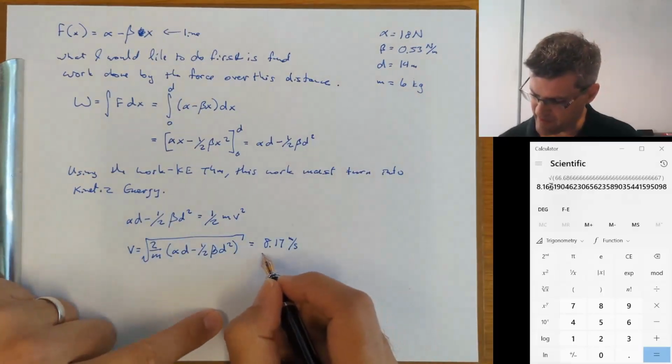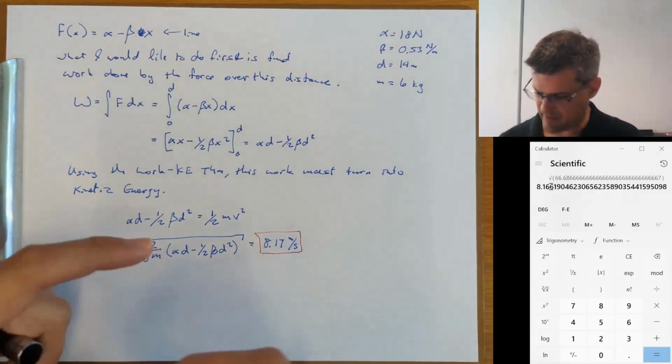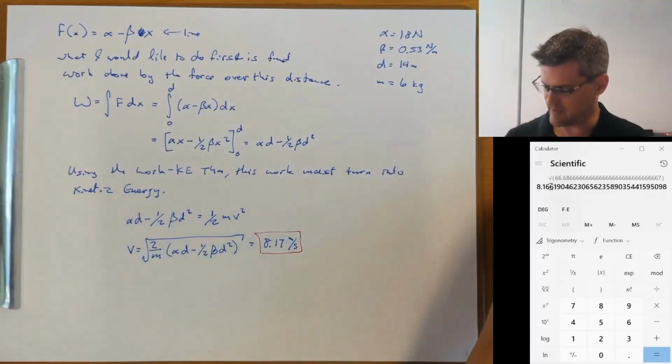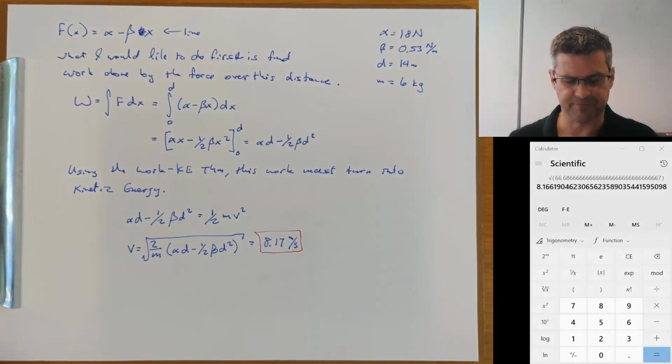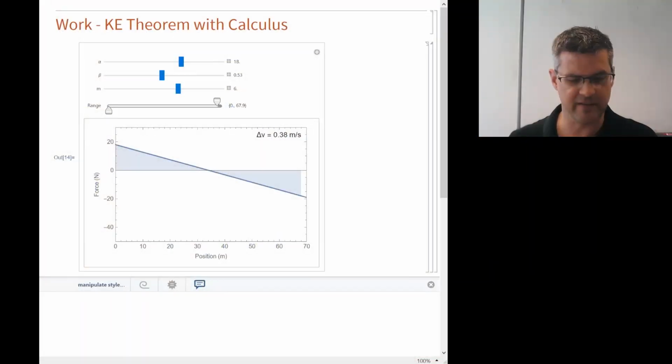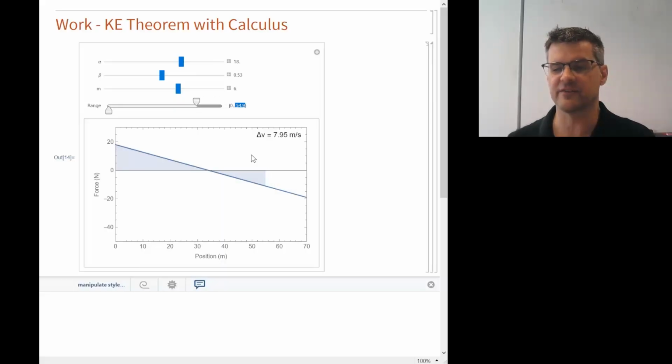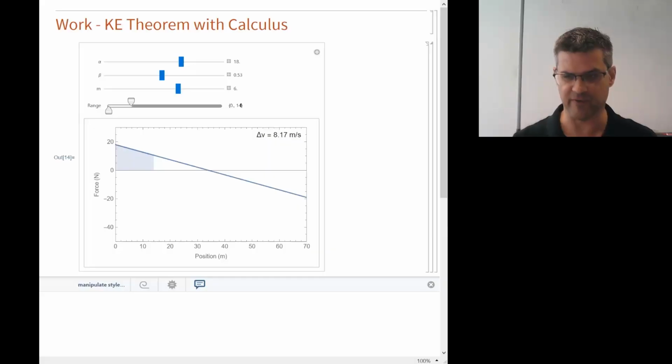How does this compare with what we expected to see in Mathematica? Back to Mathematica here. And we were integrating over the first 14 meters, so we can put 14 in. This is the integral that we were doing.